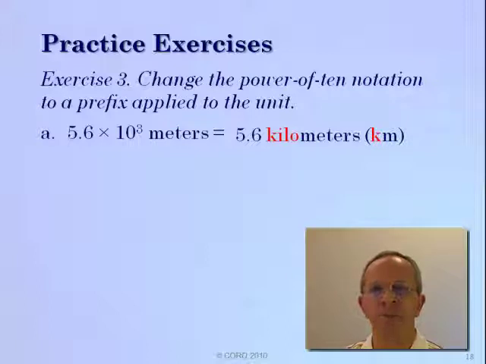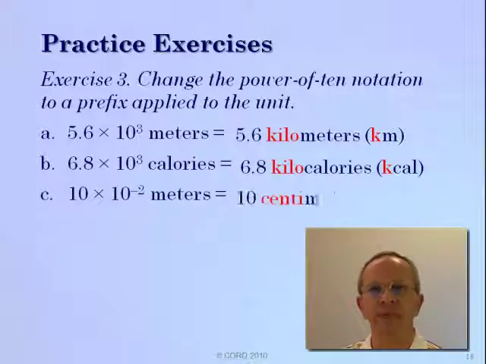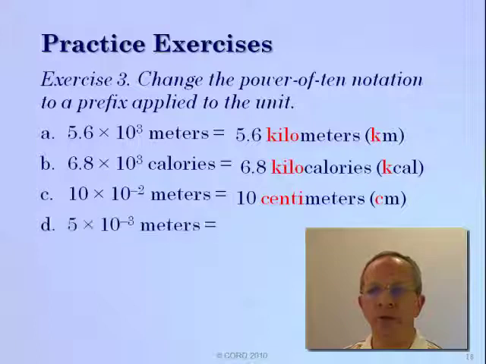And the abbreviation for that would be km if you wanted to use the abbreviation. 6.8 times 10 to the 3 calories would also be 6.8 kilocalories. 10 times 10 to the minus 2 meters would be 10 centimeters, using that table that you just completed in the previous exercise. 5 times 10 to the minus 3 meters.